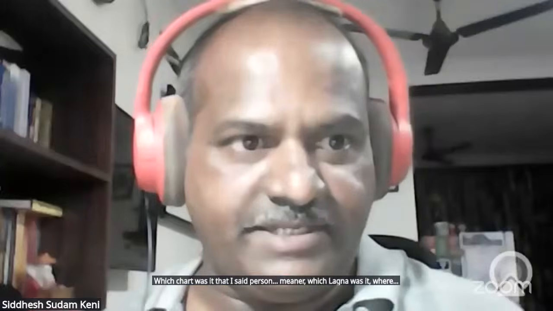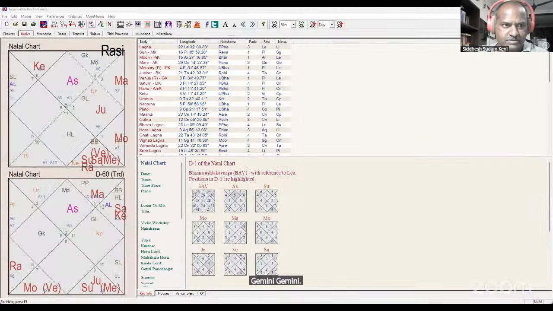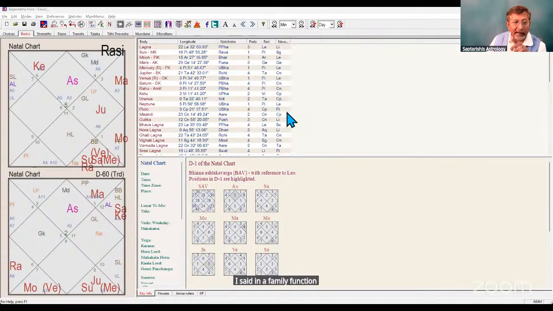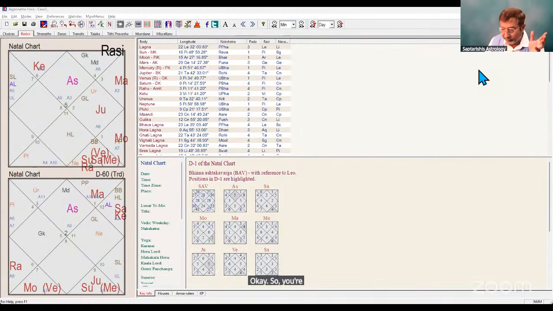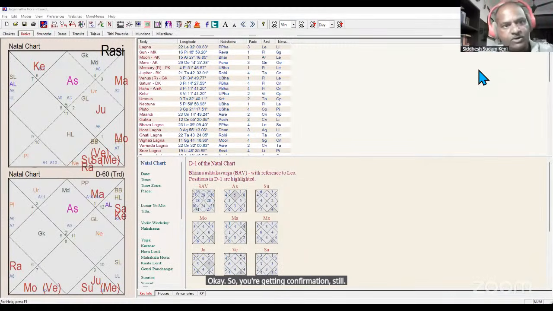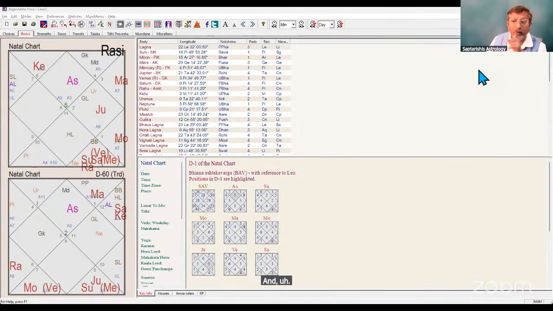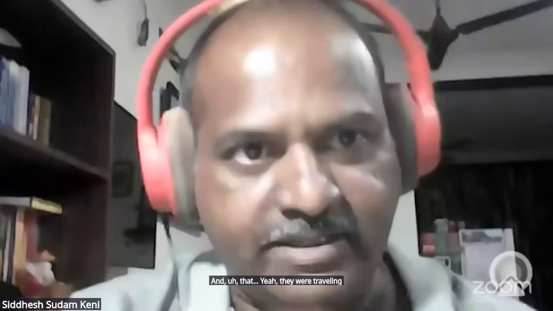Gemini. No, this one is the third case. I said in a family function, but travel happened. Was it this chart, the one you're projecting right now? This one I got a confirmation. There was a family fight, and they were traveling. Correct. See, are you getting it, everybody?